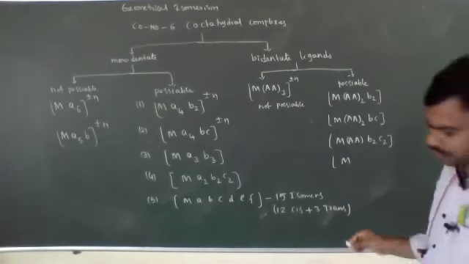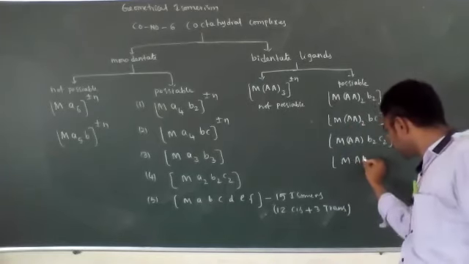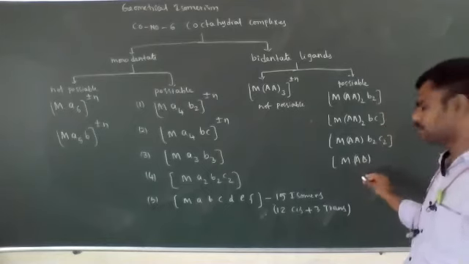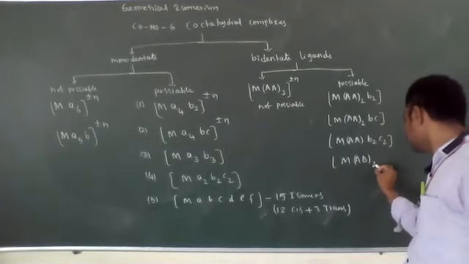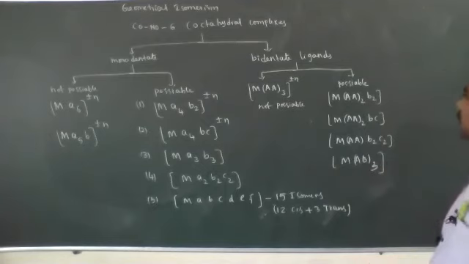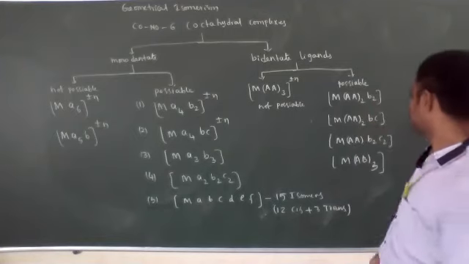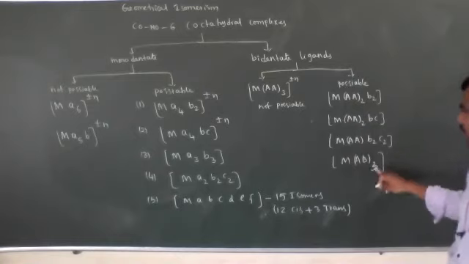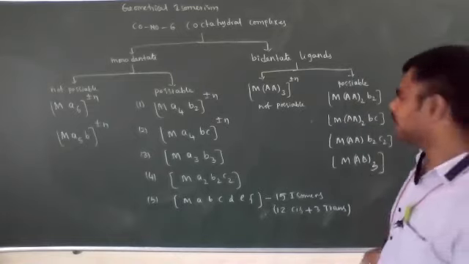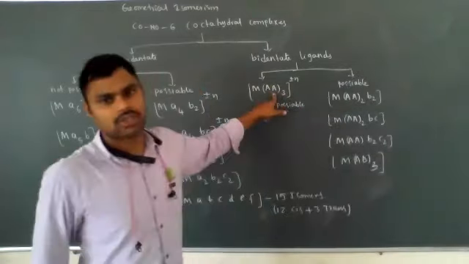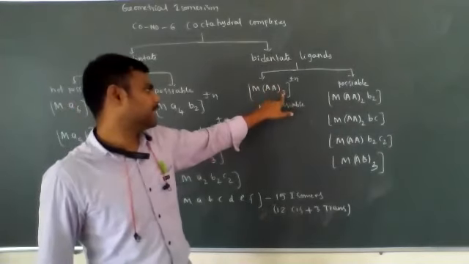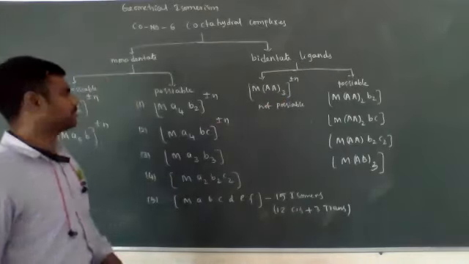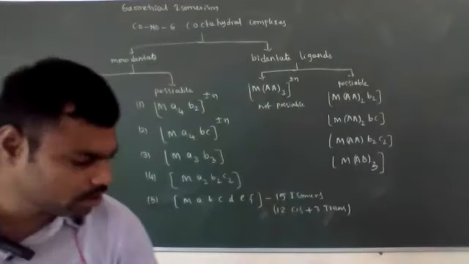M(AB)3, where AB is a bidentate ligand with different donor atoms A and B, like glycinate thrice, exhibits geometrical isomerism. So it has one cis form and one trans form. But M(AA)3, where the two donor atoms are the same and three ligands are present, does not exhibit geometrical isomerism with bidentate ligands.